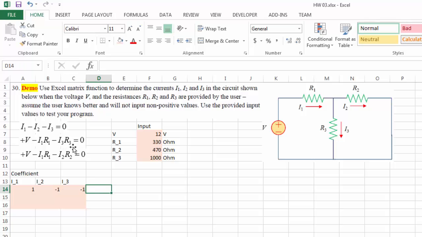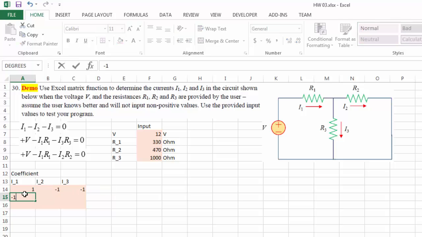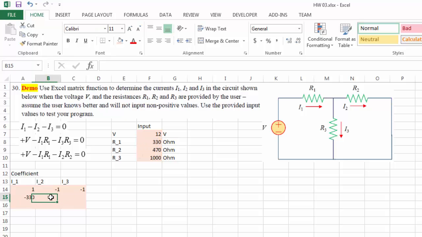From my second equation, the coefficient for I1 is -1 times R1. You want to reference this cell instead of just typing in 330, because remember, we want to be able to change the inputs and still generate the correct answer. So that's I1.